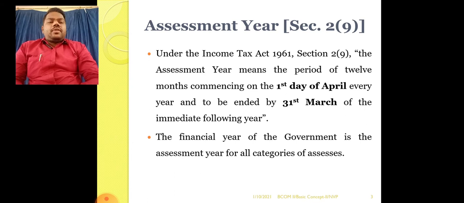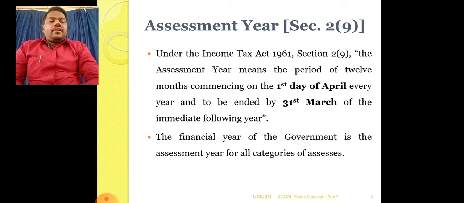Section 2, subsection 9 of the Income Tax Act 1961 provides the definition of assessment year. It says the assessment year means the period of 12 months commencing on the first day of April every year and ending on 31st March of the immediately following year.